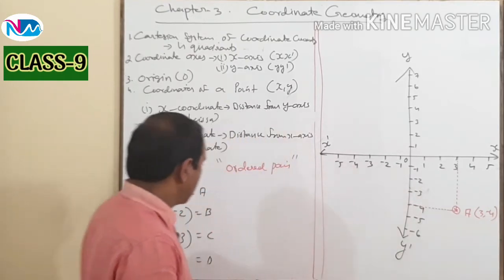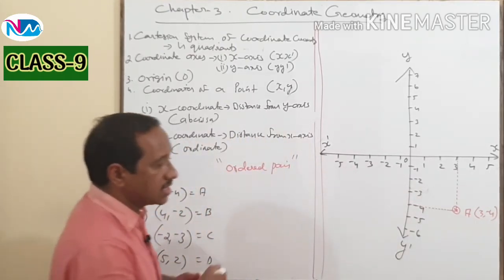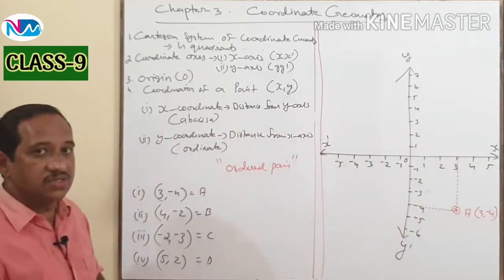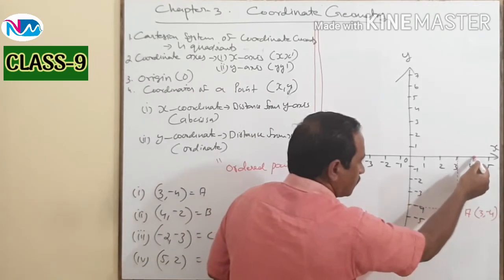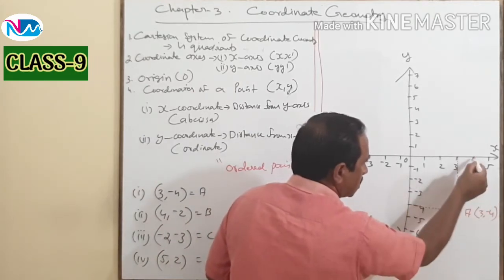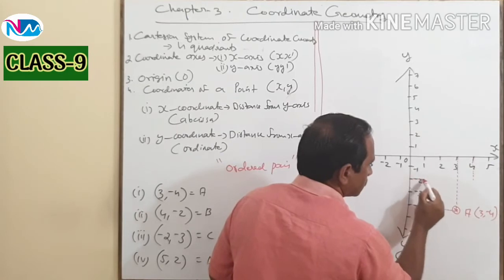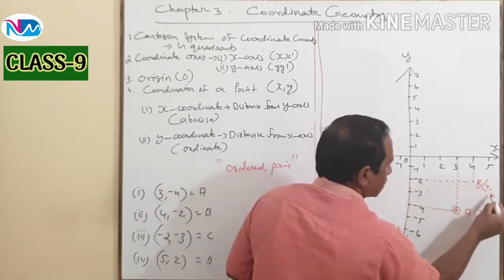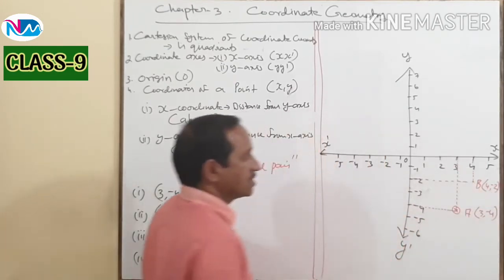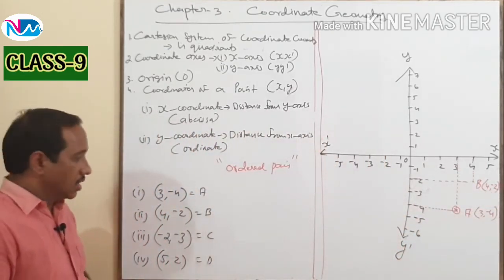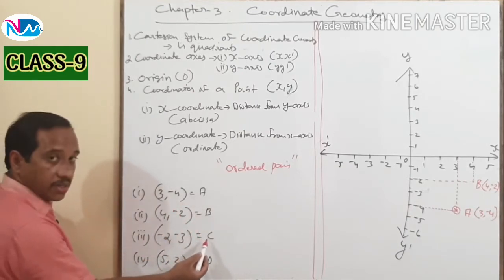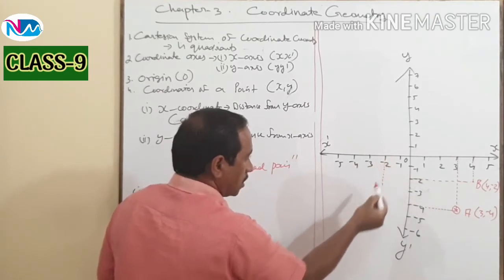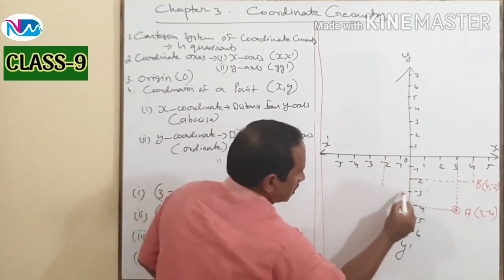Similarly, now we can plot the point B whose x-coordinate is 4 and y-coordinate is -2. We will imagine a line like this. This is the point B whose x-coordinate is 4, y-coordinate is -2. Now we are going to plot another point C whose x-coordinate is -2 and y-coordinate is -3.